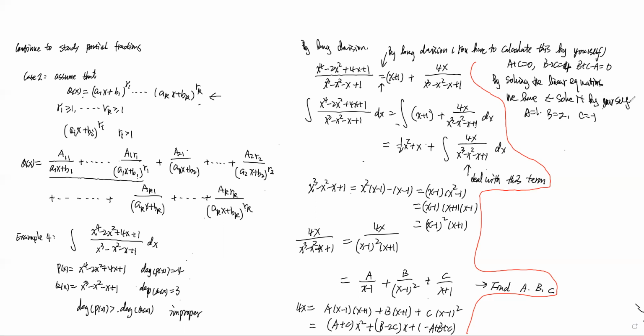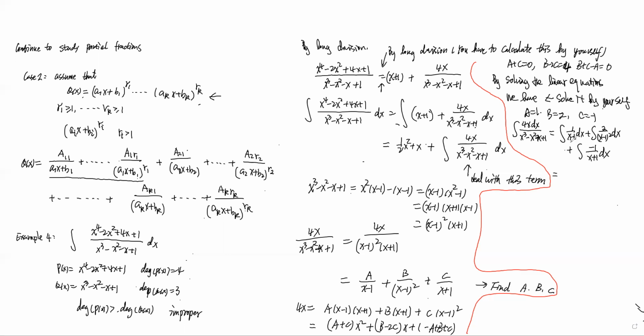So we have the integral of 4x dx over x cubed minus x squared minus x plus 1. The first term is 1 over x minus 1 dx, plus 2 over (x minus 1) squared dx, plus C is negative 1, over x plus 1 dx.